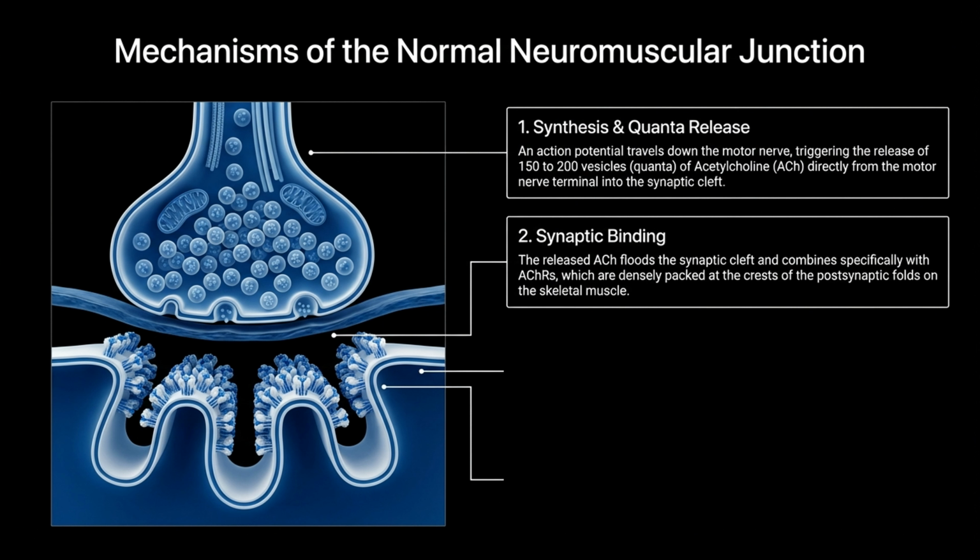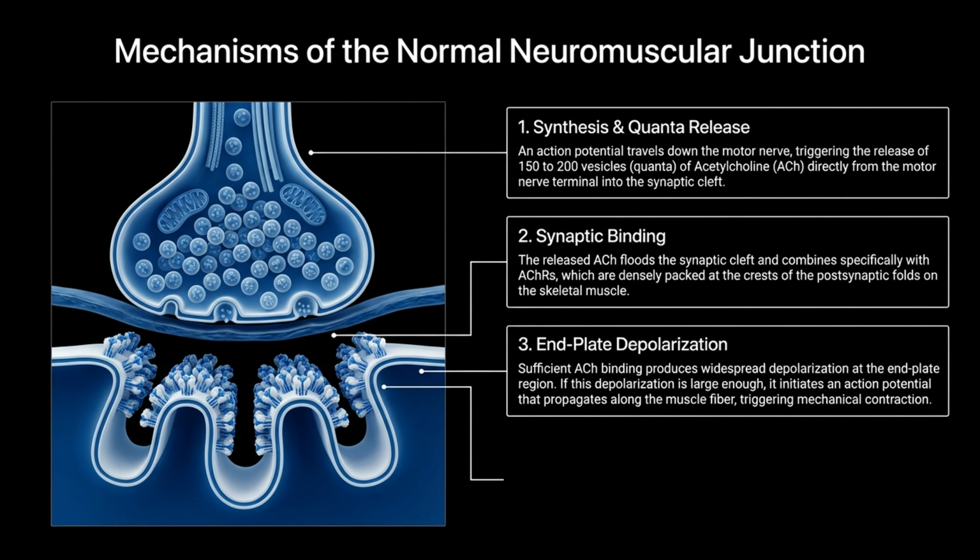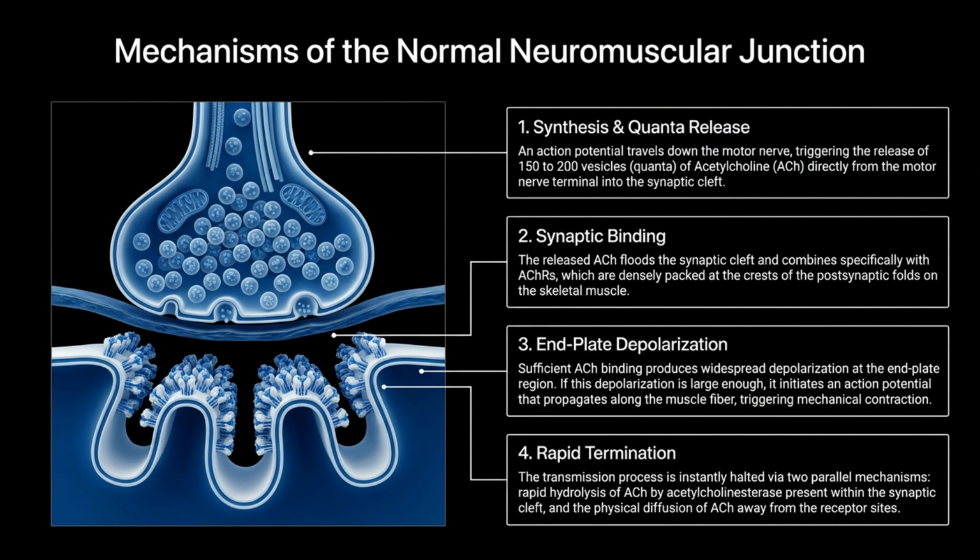This permits the rapid entry of cations, chiefly sodium, which produces depolarization at the end plate region of the muscle fiber. If this depolarization is sufficiently large, it initiates an action potential that propagates along the muscle fiber, triggering muscle contraction.